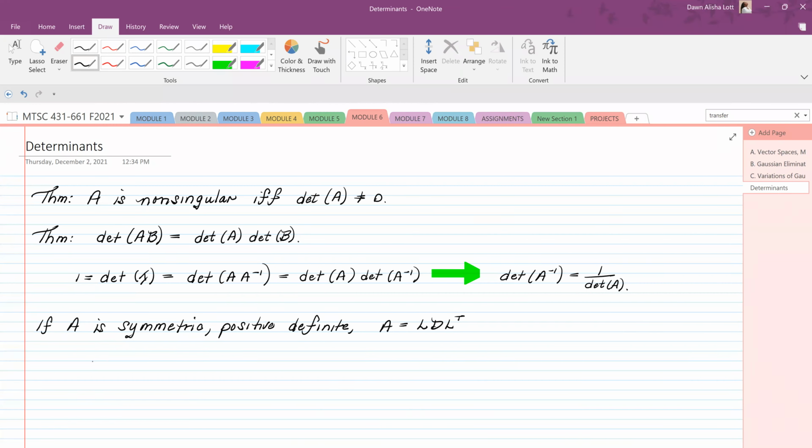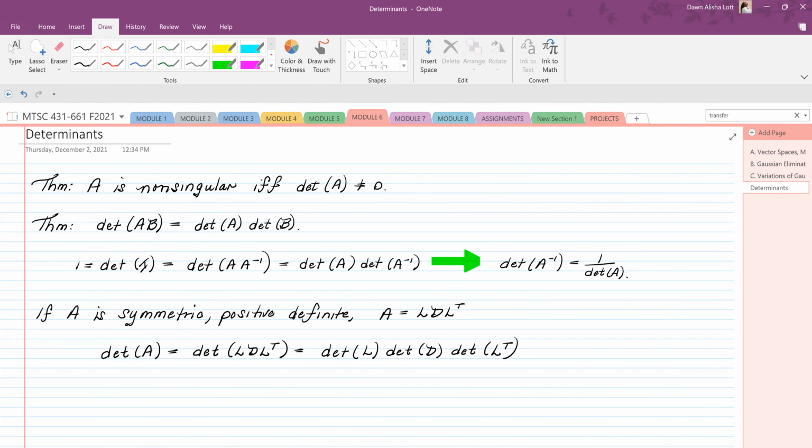So that implies the determinant of the matrix A is equal to the determinant of LDL transpose. So that's equal to the determinant of L, the determinant of D, and the determinant of L transpose. Now, why is that so important? Why is that easy now to do?